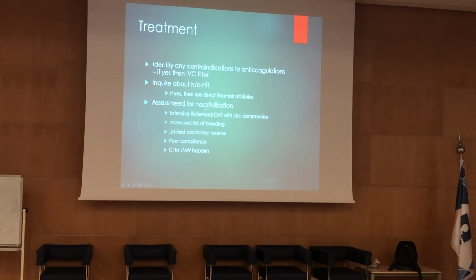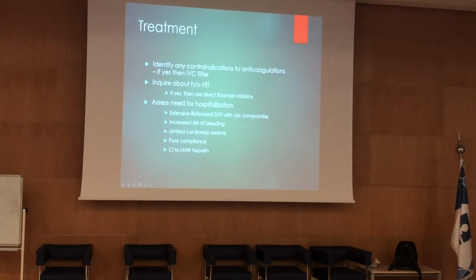So assess the need for hospitalization: does the patient really need to be hospitalized, or do we just give him anticoagulation and he goes home? If the patient has extensive DVT, increased risk of bleeding, limited cardiorespiratory reserve, that means the patient has deoxygenation, poor compliance, or renal insufficiency, he cannot take low molecular weight heparin.